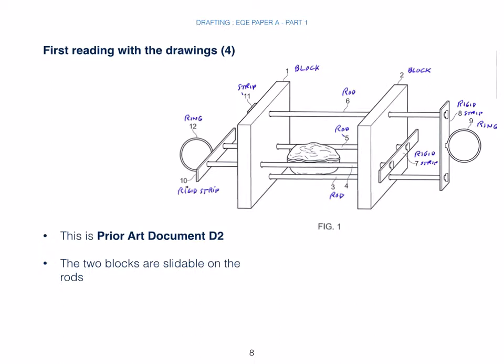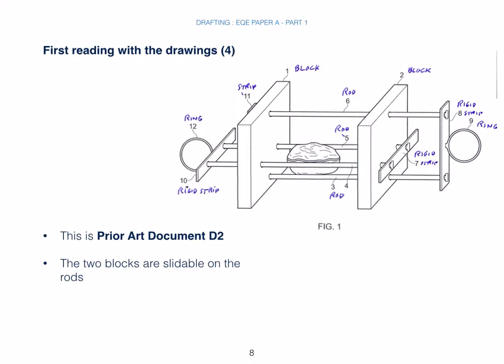We need to check the terminology. 1 and 2 are blocks. 3, 4, 5, and 6 are parallel rods. 7, 8, and 10, 11 are rigid strips, and 9 and 12 at the opposite ends are rings.